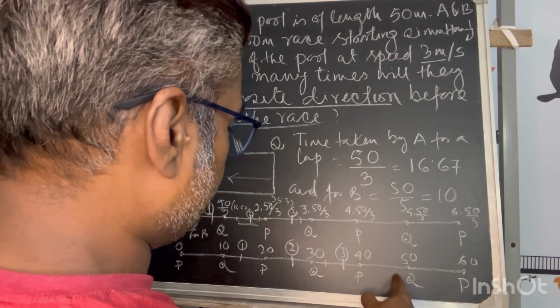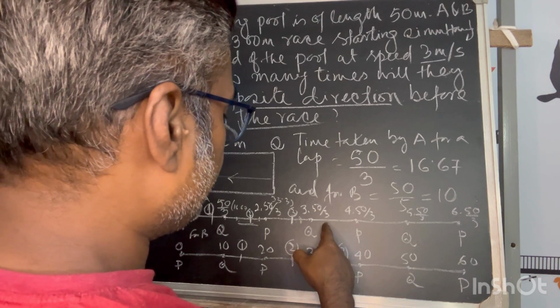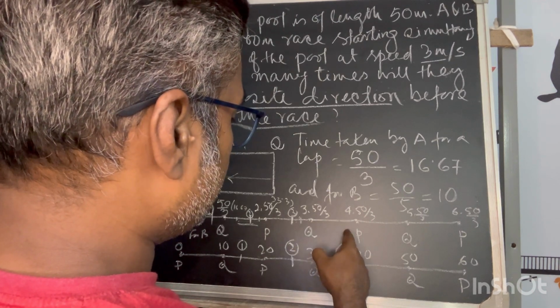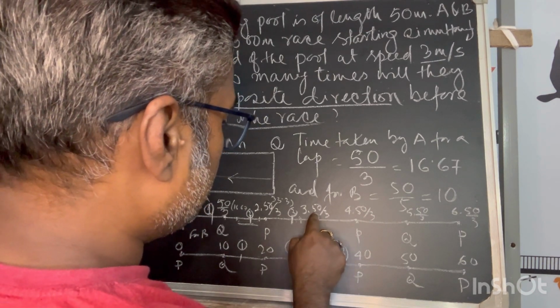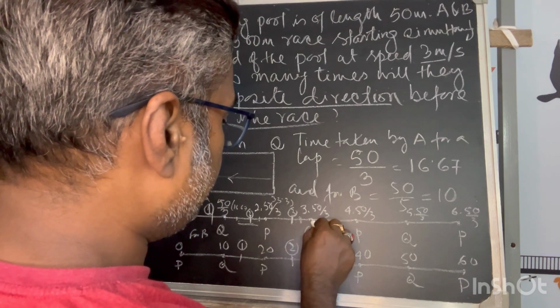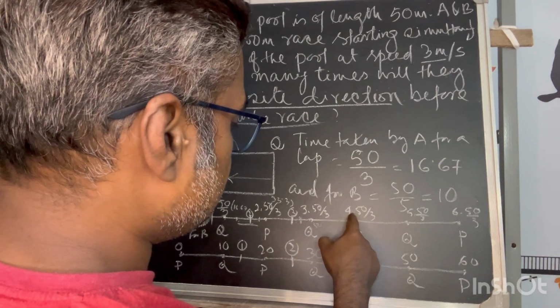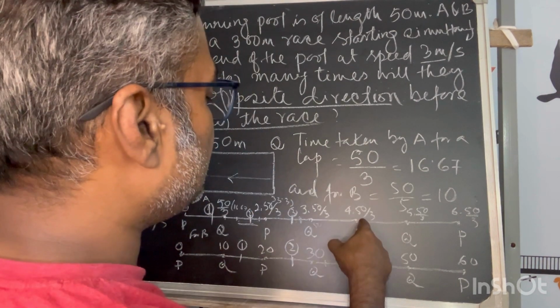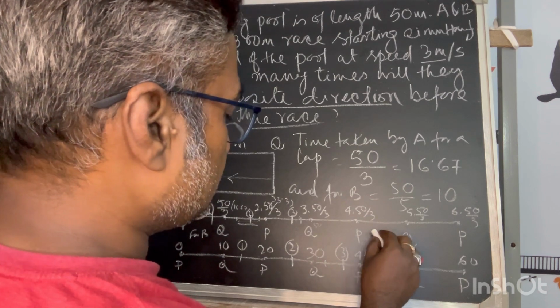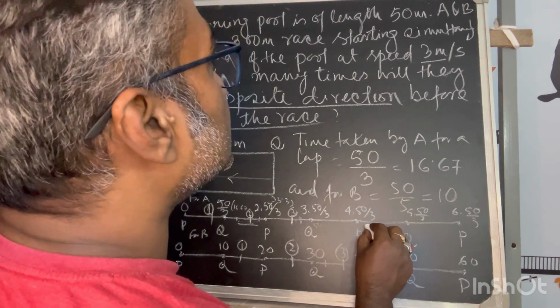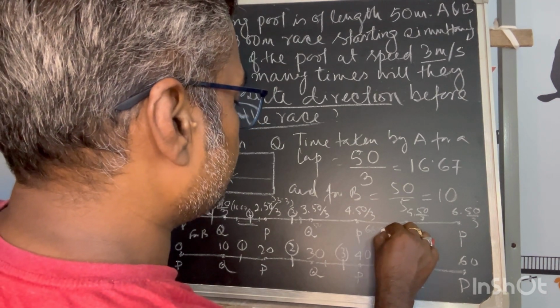Then after crossing 40, 40 means this, I am putting assuming here, and this is 40 to 50, he will be in P to Q. So he will be Q to P, that means this is 50 and this is 200, so that is equal to 200 by 3, that means 66.67.